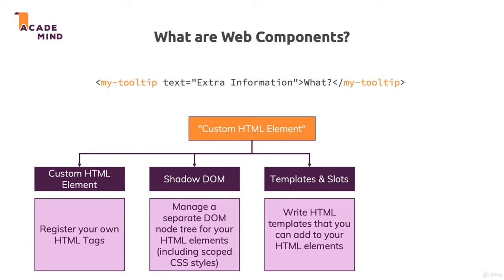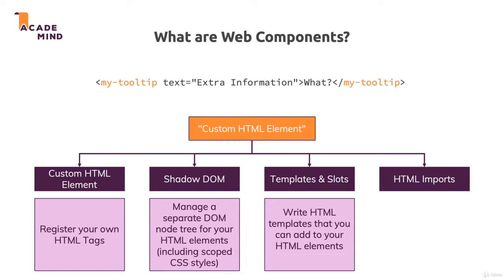Now, last but not least, there's another specification you sometimes hear about when hearing about web components, and that is the HTML imports specification. That was meant to be a feature which allows you to import HTML files into HTML files so that you can define these templates for your components in HTML files that are then imported dynamically.